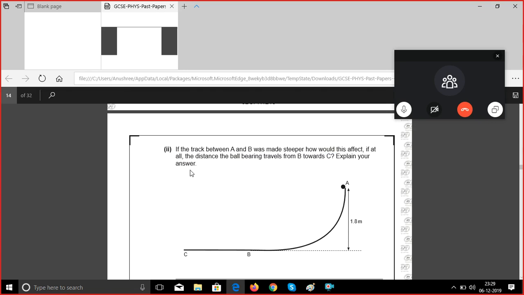The distance between B and C still remains the same. Whether it's energy or velocity, it's not going to change. So no change. The distance between B and C remains the same.